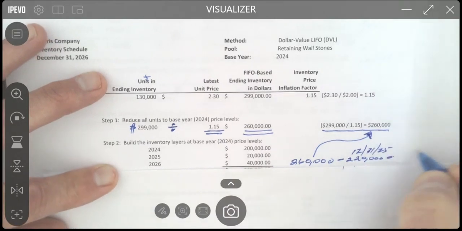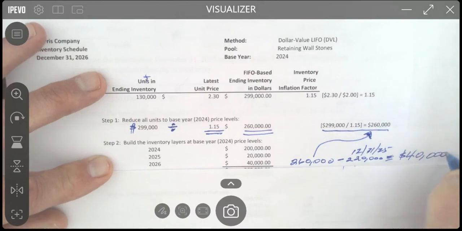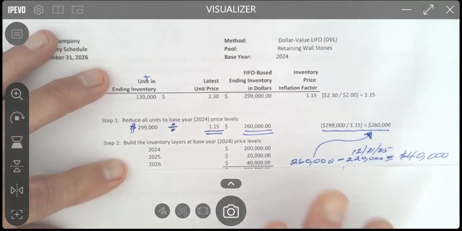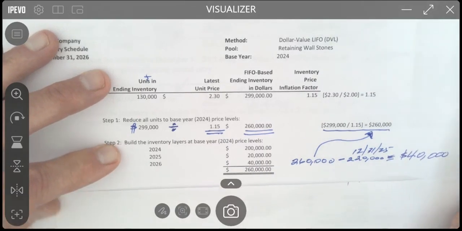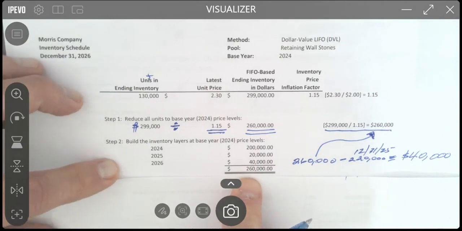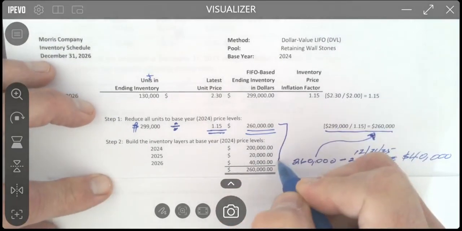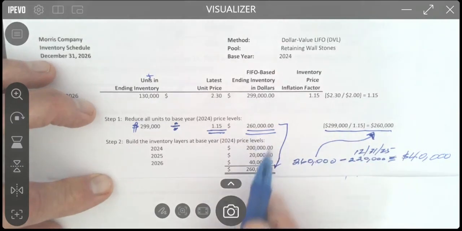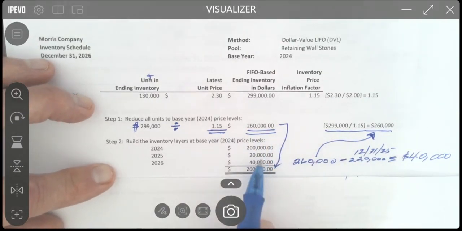So inventory grew in dollar value by 40,000. The 2026 layer in dollars is 40,000, at base year prices. We have inventory of 260,000. Of course, that's by mathematical design, because we were adding the 40,000 to this list.